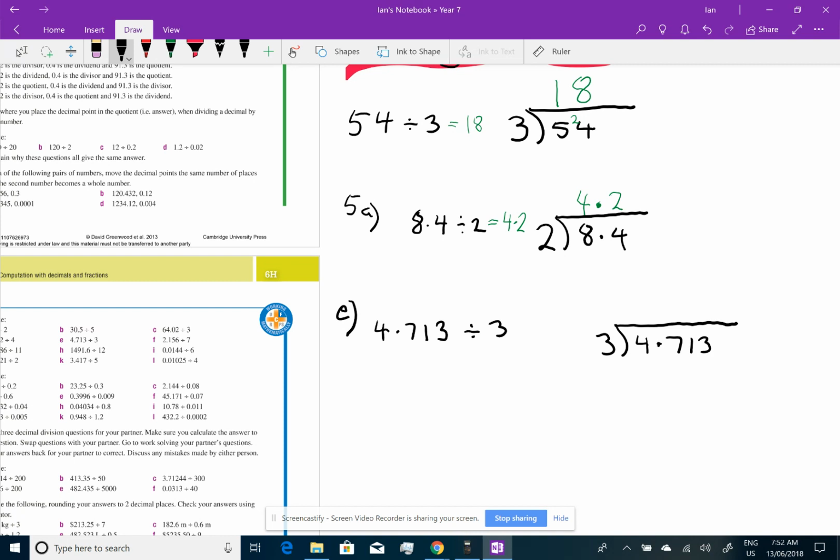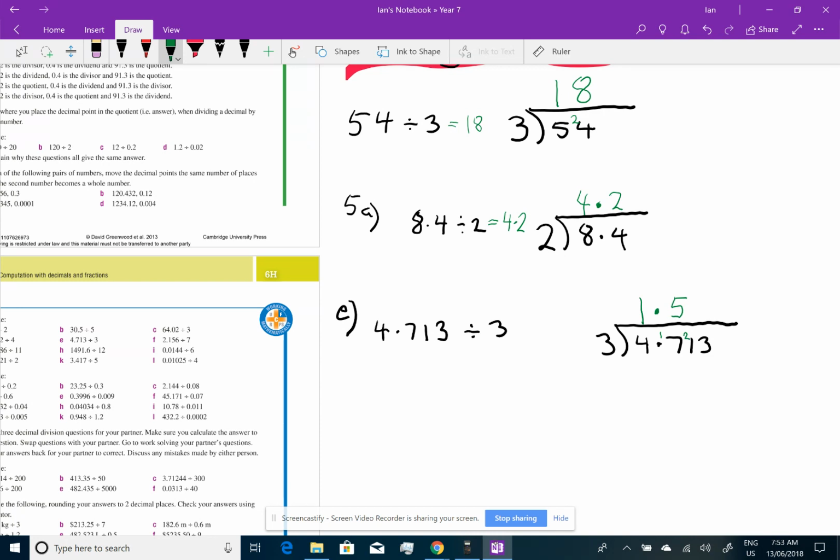And because this algorithm is set up using place value, I just have to do the same process. So 3 goes into 4 once with 1 left over. And because I'm using place value now, I just put the decimal point in the spot above. 3 goes into 17. Well, 3 6s are 18, so 3 5s are 15. So we go 5 times with 2 left over.